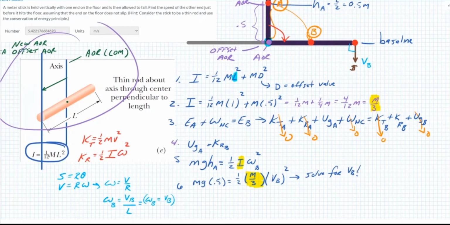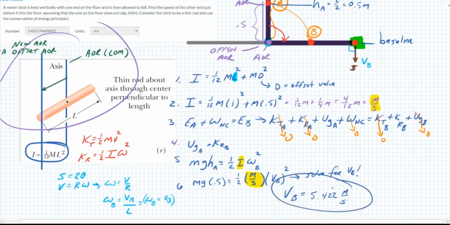Okay, and that's it. So we now know the velocity with which this point right here hits the floor, thanks to rotational dynamics: 5.422 meters per second. All right, 7 quizzes, unprecedented.